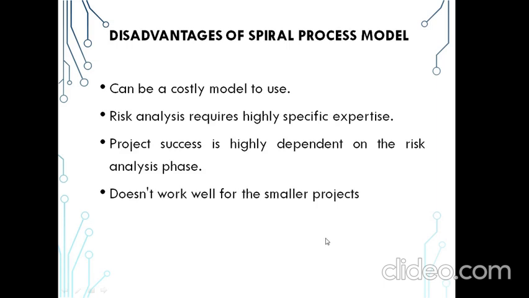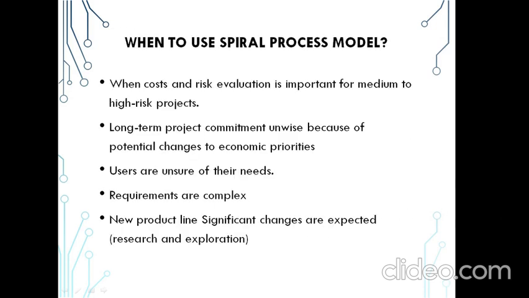It also has some disadvantages. It can be a costly model to use. Risk analysis requires highly specific expertise, and project success is highly dependent on the risk analysis phase. And it doesn't work well for smaller projects.